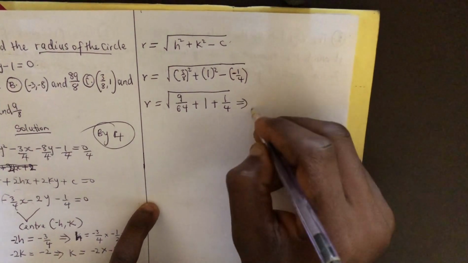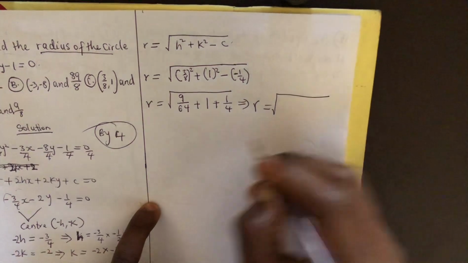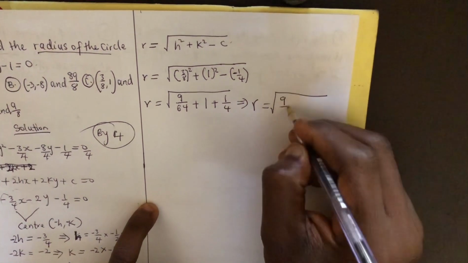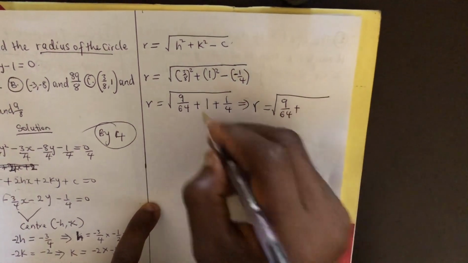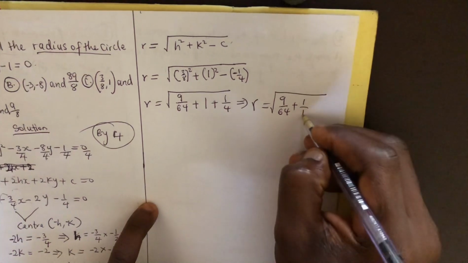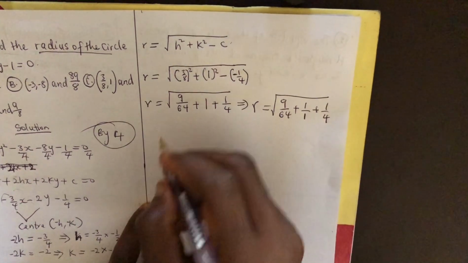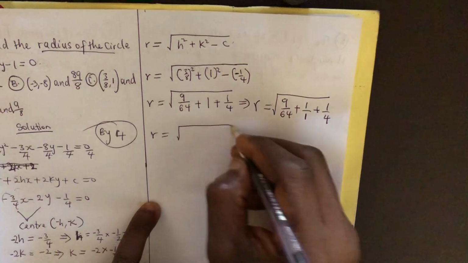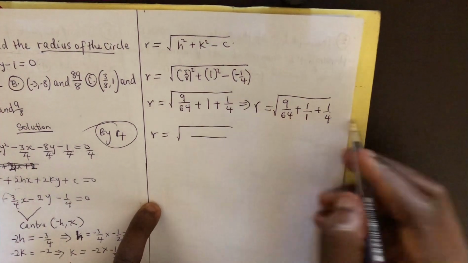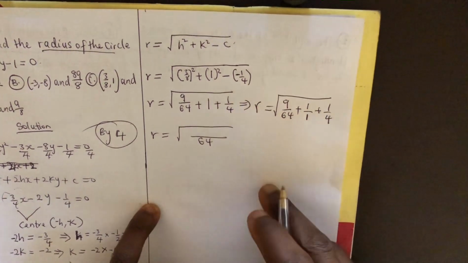So in this case, our r is going to be the square root of, you know that this 1 that we have here can be the same thing as 1 over 1, and then plus 1 over 4. The reason I'm doing it like that is so that it will be easy for me to find the LCM. The LCM in this case is 64.